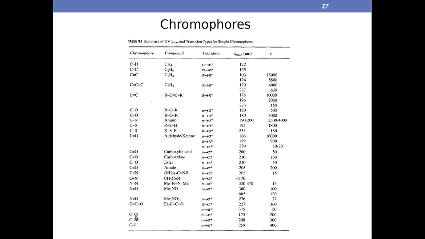If we have halogens directly bonded to carbon, then we can have an n to sigma star transition between the non-bonding electron density on the halogen and the sigma star molecular orbital between carbon and the halogen.